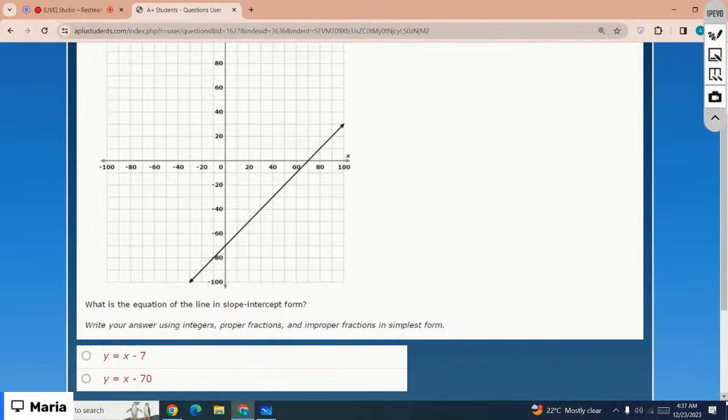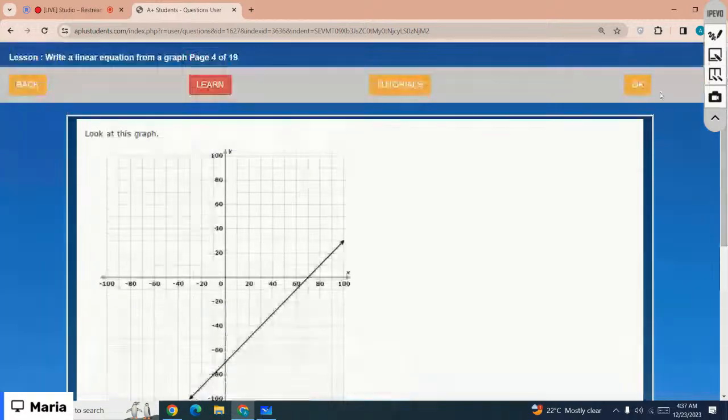Yes, that is the second option. Y equals x minus 70 is the correct one. The second option is the correct option.